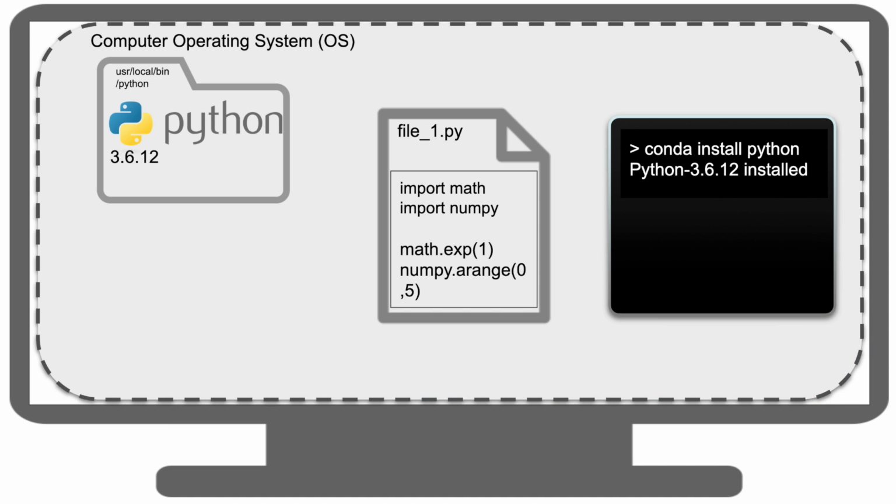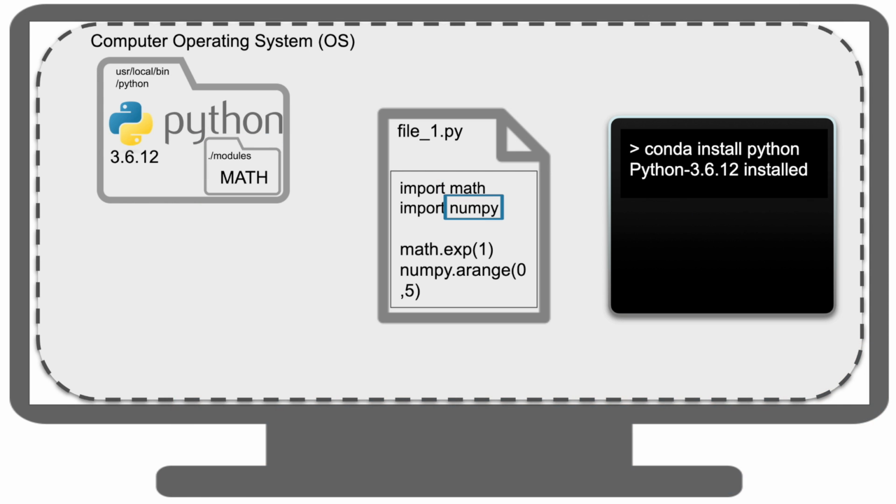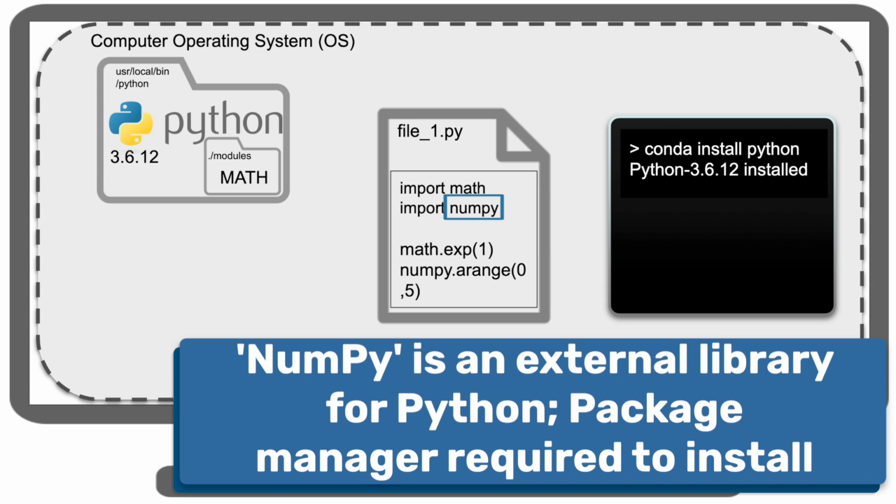To take the exponent, we need the math module. It's actually a module, not a package, and it's internal to the Python library itself. However, NumPy is its own library and it's external to Python. So we'd actually have to install NumPy.